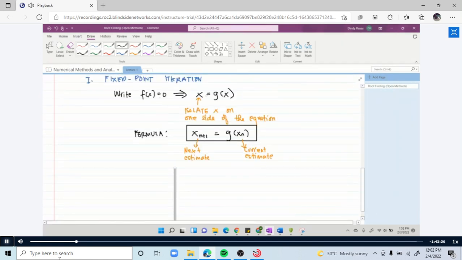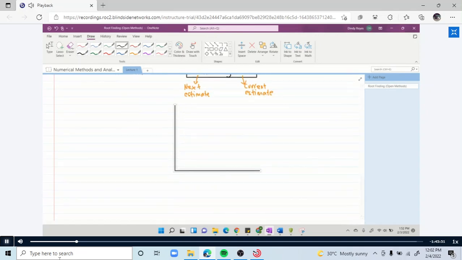Ano itsura niyan? Itong function na to, y equals x, is a line, no? That's the identity line, passing through the origin with slope equal to 1. So, ang itsura niyan ay ganito. Ganyan si line. Passing through the origin. Alright. Now, this is y equals x.